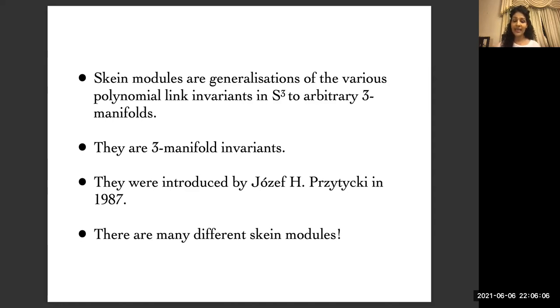But what all of these different skein modules have in common is that they generalize the skein theory of the various polynomial link invariants in S3, like the Kauffman bracket polynomial, Jones polynomial, HOMFLY-PT polynomial, Kauffman two-variable polynomial. So they generalize the skein theory of all of these various polynomial link invariants in S3 to arbitrary three manifolds.